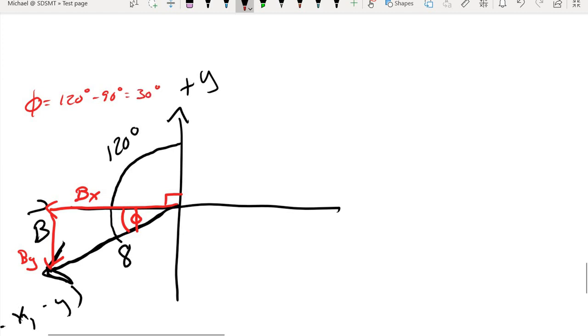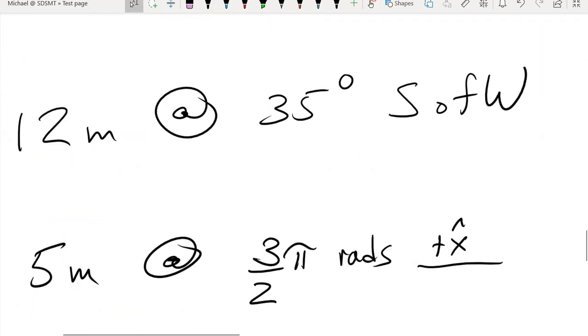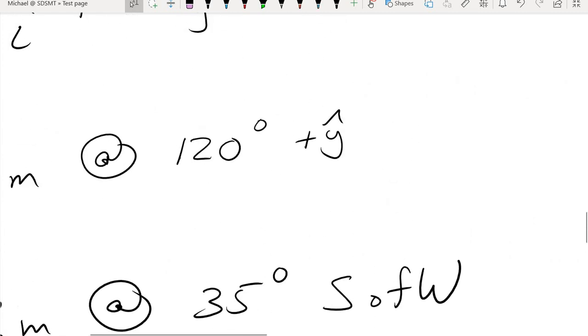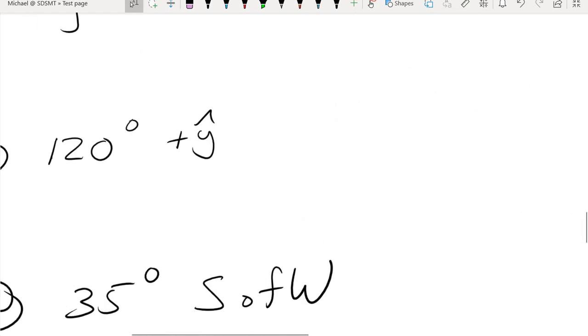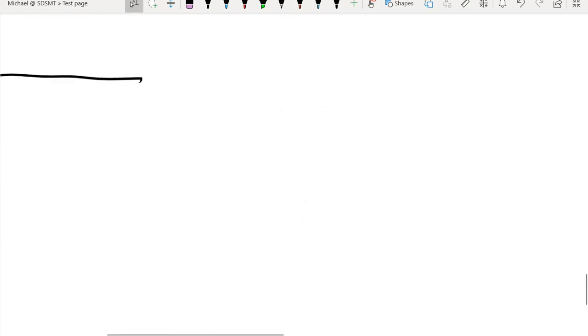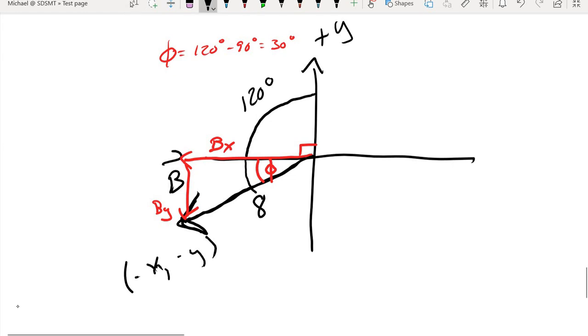So I can use phi inside of that right triangle to tell me what the x and y components of my vector are. And I already have my reminder up here that says those components both have to be negative. We can see that in the picture: both of those components are pointing in the negative x direction and the negative y direction.